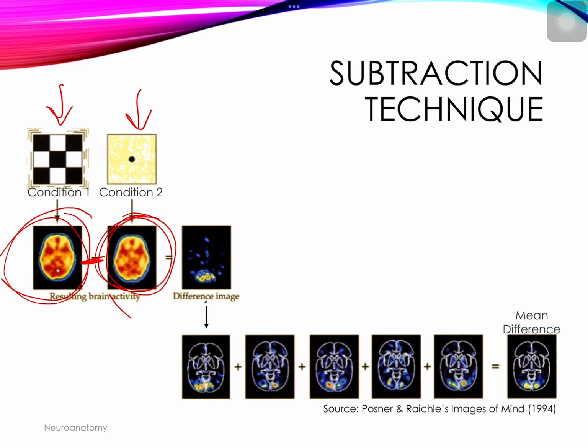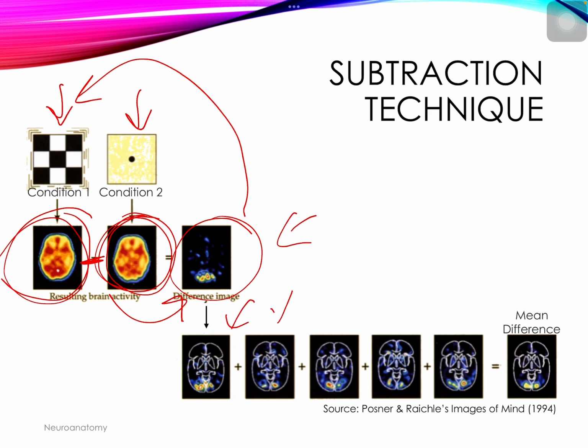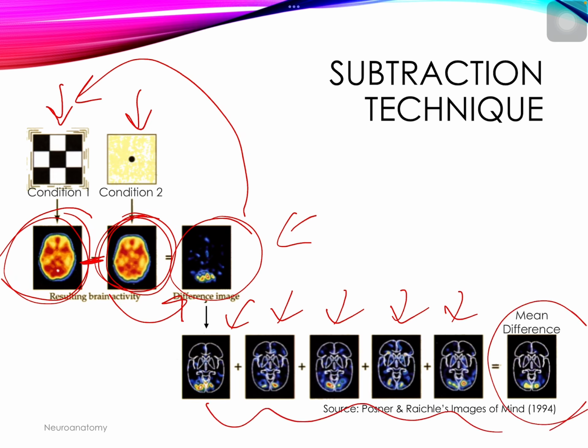When you subtract these two, whatever's left over should be the activity associated specifically with this experimental task. You're going to do this subtraction technique for each participant, and then average these to get an average activation across multiple participants.